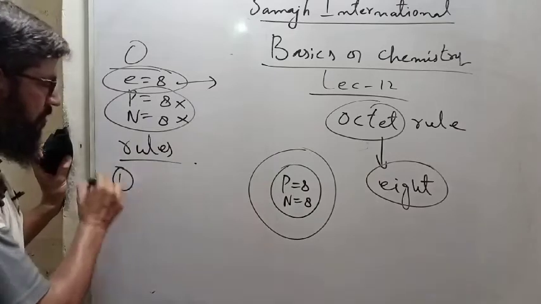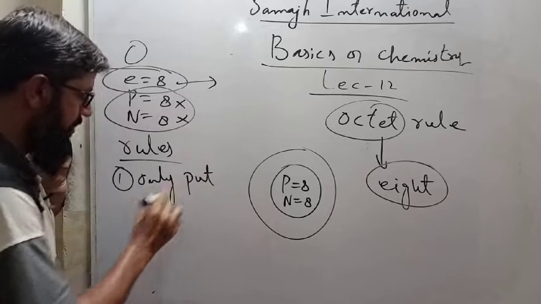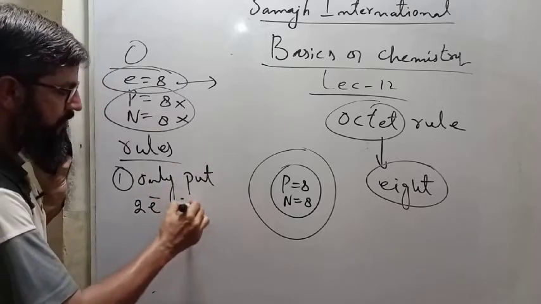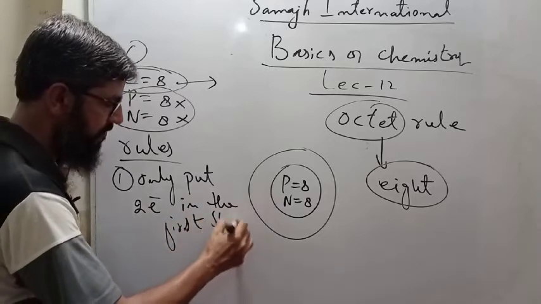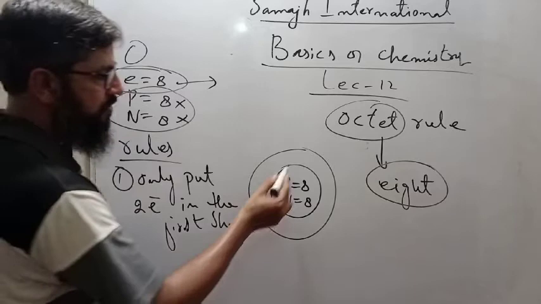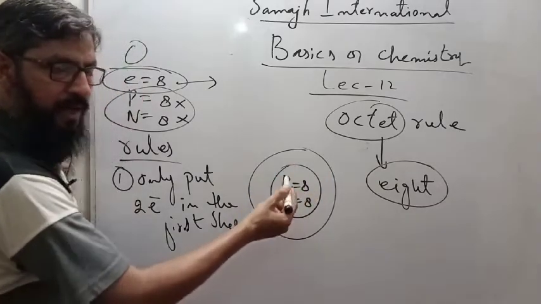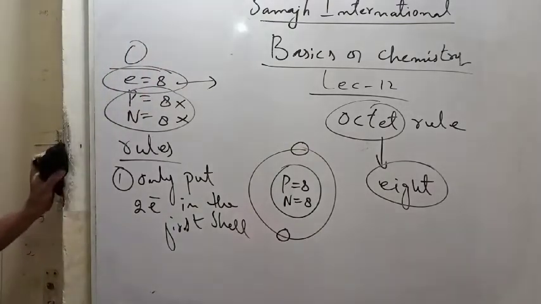First rule, only put 2 electrons in the first shell. So how many electrons are there? 8 electrons. This is the first shell. This circle is actually the nucleus. So 2 electrons here.